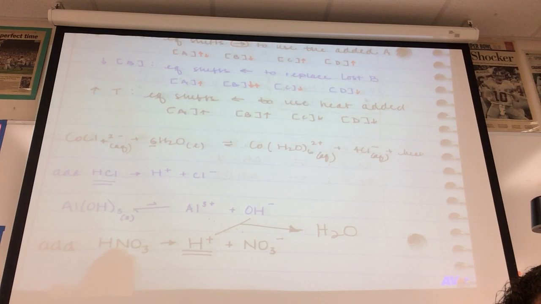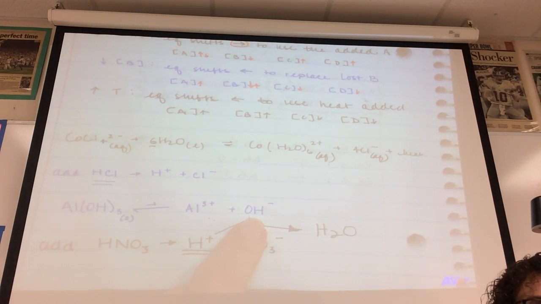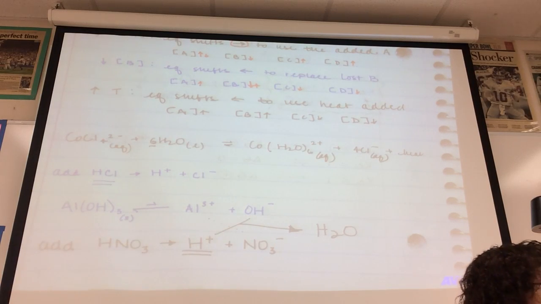Exactly. So by adding this, you effectively increase the proton concentration. You provide an acid environment. That proton reacts with the hydroxide ion to make water, effectively decreasing the concentration of hydroxide ion. In which direction will equilibrium shift if you decrease hydroxide ion concentration? Right. You are correct.